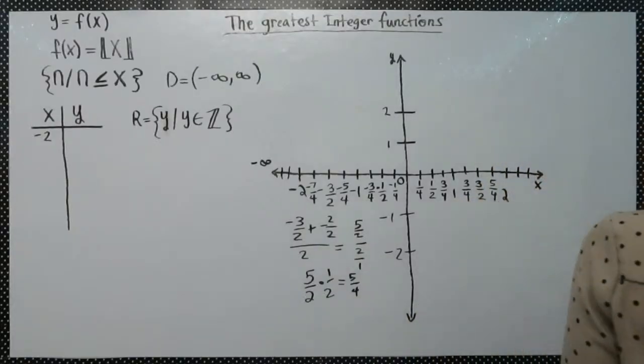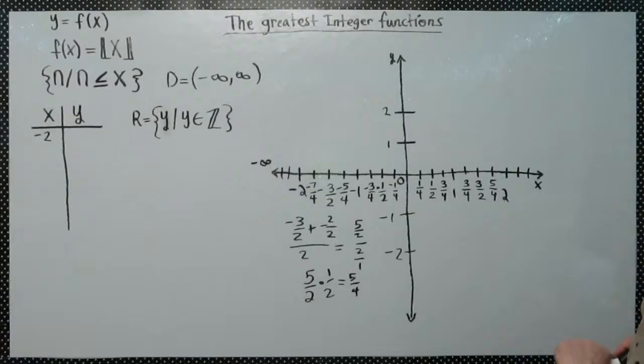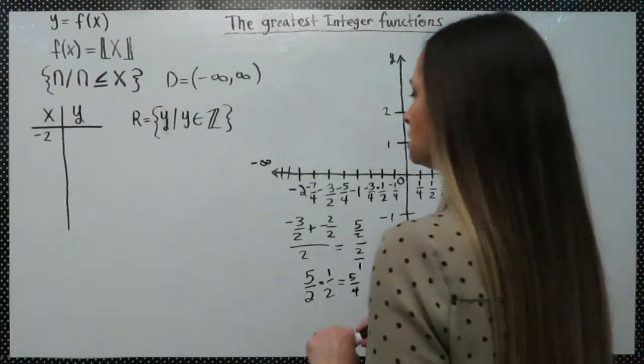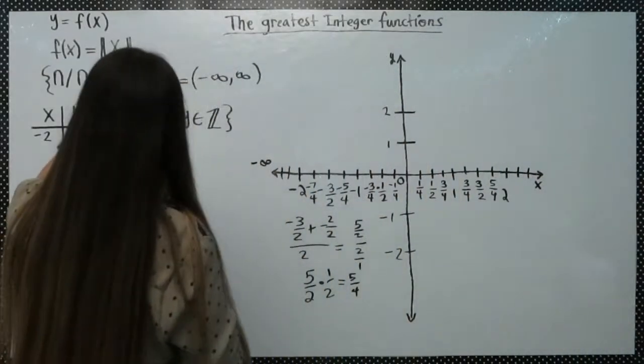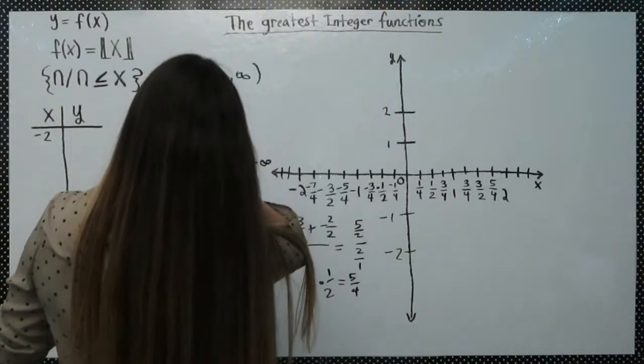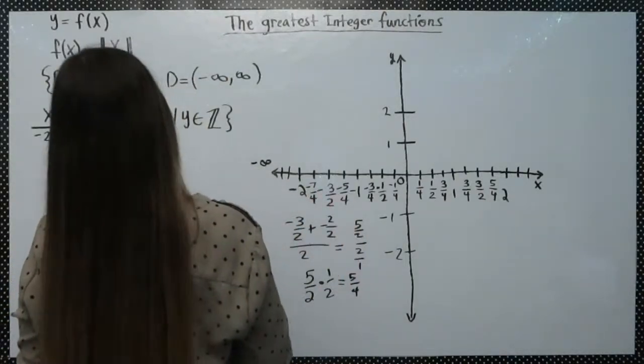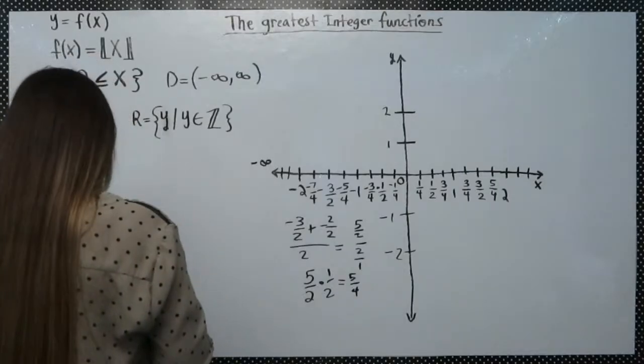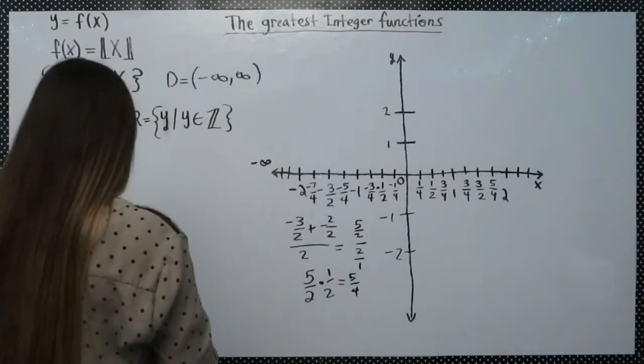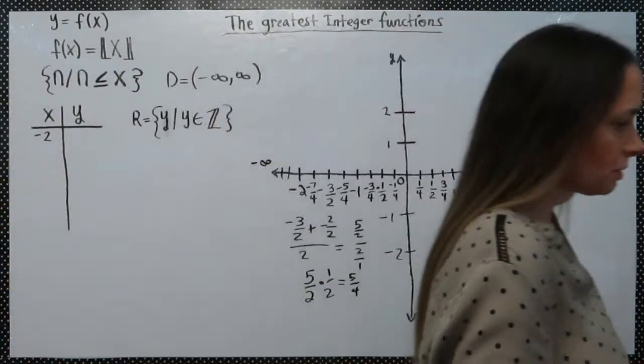All right. So we're going to plug these values into our step function and evaluate it according to this rule. So what we're doing is we're taking, let's make sure I got this right.